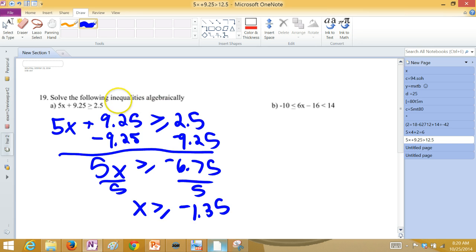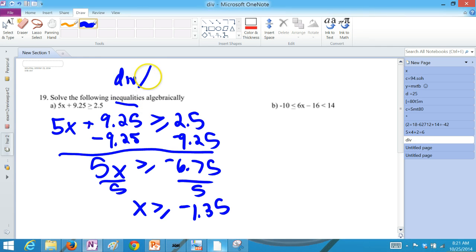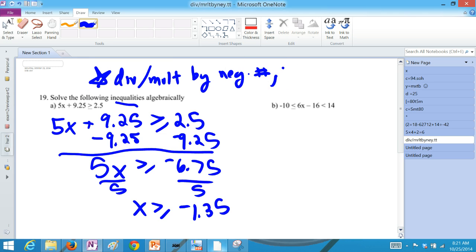What you have to worry about when solving inequalities is if ever you divide or multiply by a negative number, then you must flip the direction of the inequality.